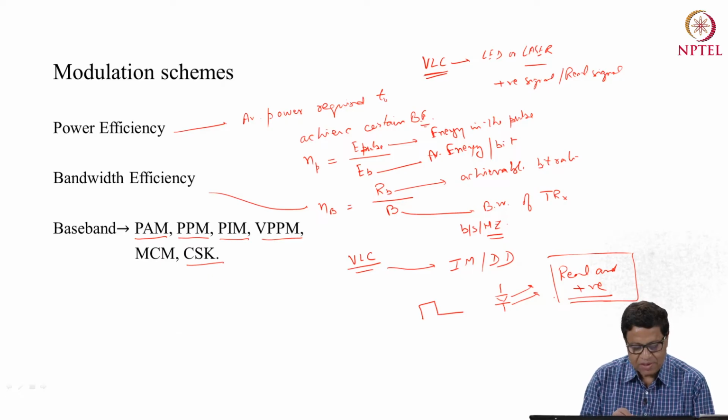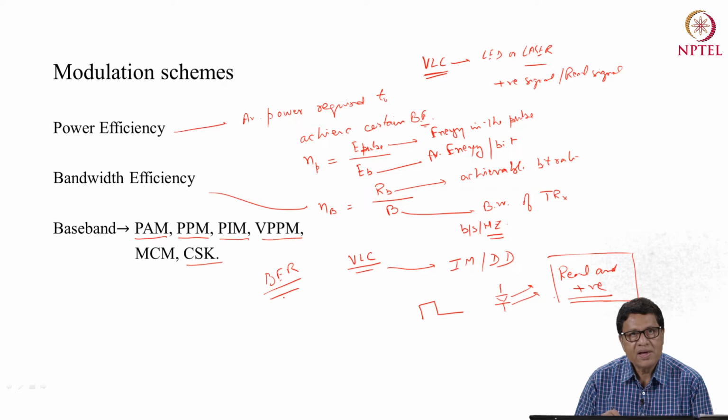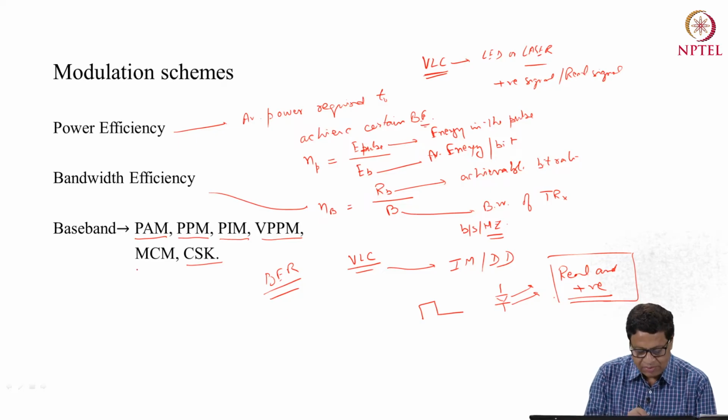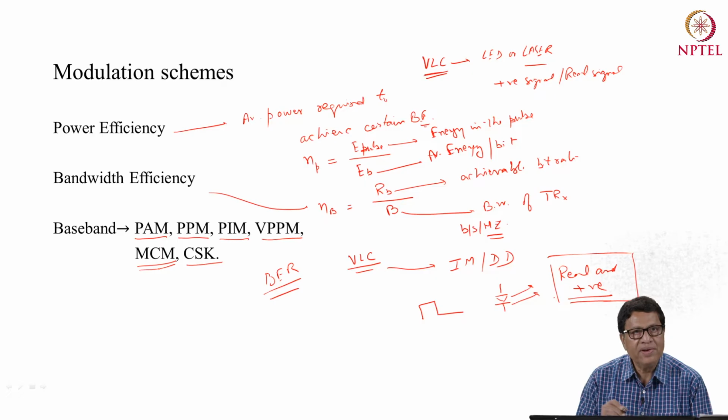This is another modulation scheme which is used in optical wireless communication systems. We will try to analyze and understand these modulation techniques, calculate the BER for each one of them, and also see which of them are power efficient and which are bandwidth efficient. We can also use OFDM, but it has to be modified to suit our optical wireless requirement. So we will study all these modulation schemes one by one.